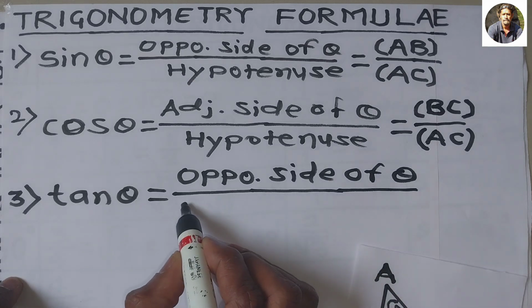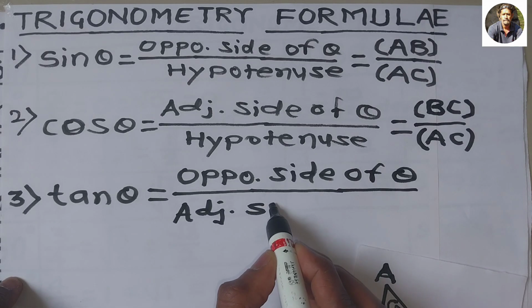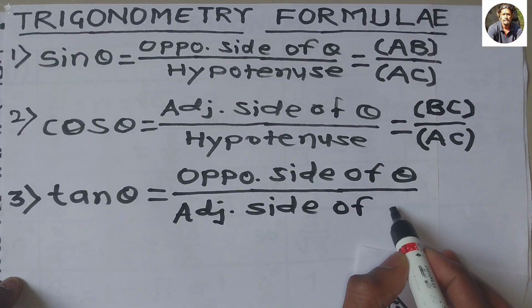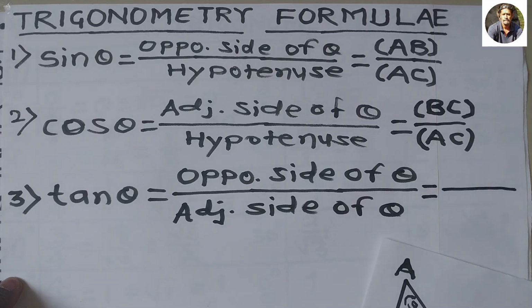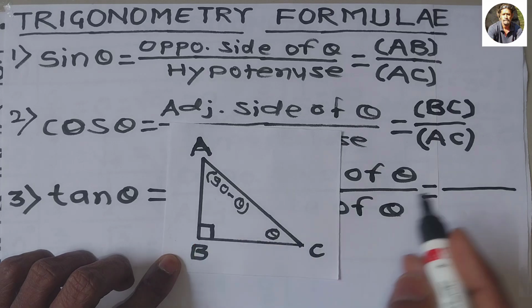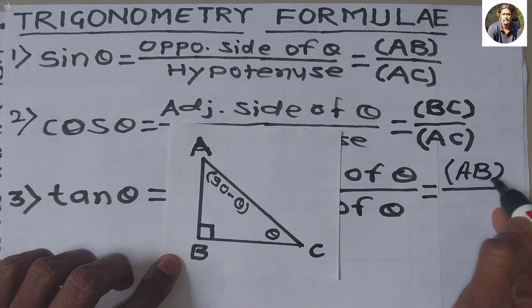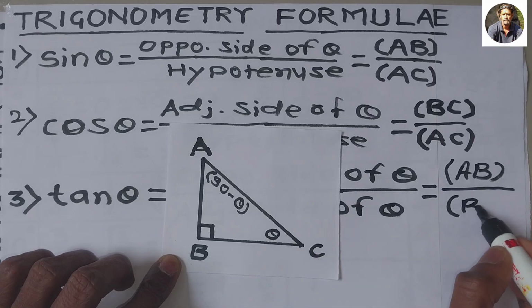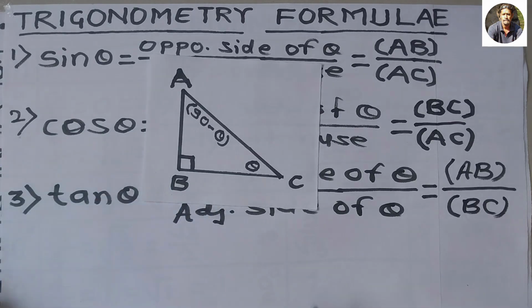Look here, now opposite side of theta, that is AB here, upon adjacent side of theta, that is BC. Okay, this is our third ratio.